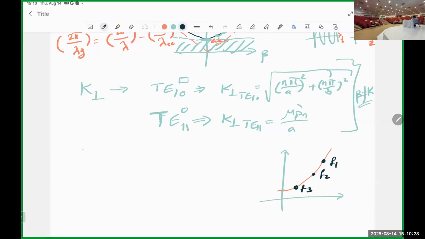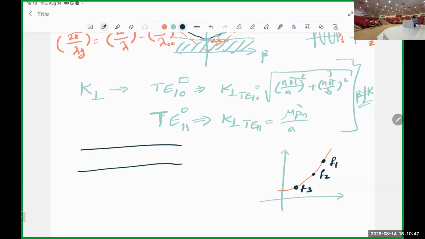If we have a parallel plate or rectangular waveguide or even a circular waveguide, we can think about this in terms of ray theory. Frequency F1 is greater than F2 and greater than F3.